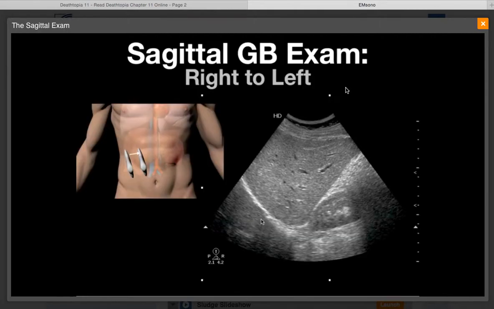Okay, let's take a look at the sagittal gallbladder exam, moving from the patient's right to the patient's left. So we're going to begin in this position and move over in this direction. If we look at the exam from our starting point, you've got the transducer here, so it's anterior, posterior, head, foot. You can see that we're using the liver here as a window.